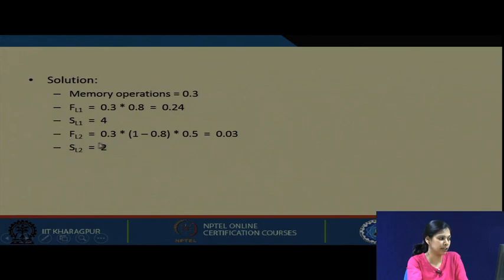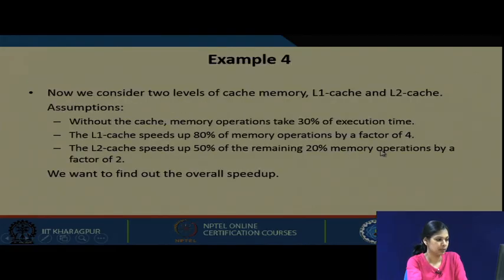Similarly, for FL2, that is 0.3 multiplied by the remaining 20%, and out of that 20%, 50% is used. So, 0.5, that comes down to 0.03, and SL2 will be 2, by a factor of 2, while for L1 it is a factor of 4.